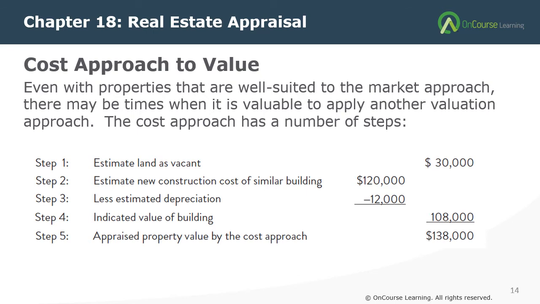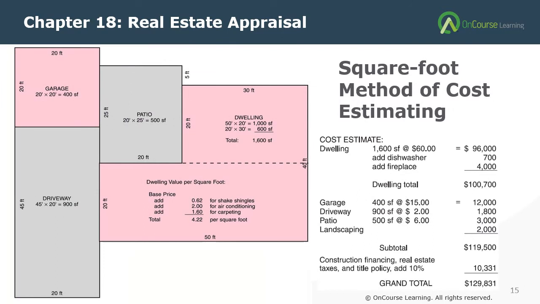When it comes to estimating the cost of the improvement new, there are two different options. You can either estimate the reproduction cost of the improvement or the replacement cost.